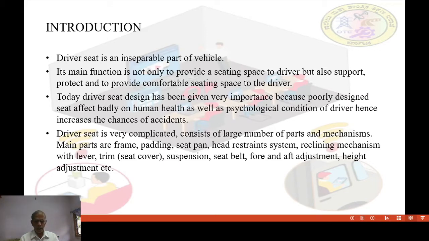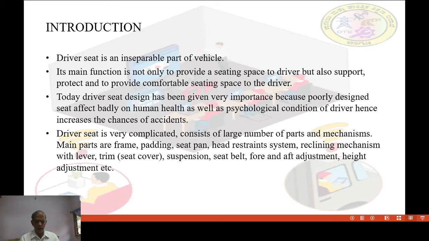Today driver seat design has been given very much importance because a poorly designed seat affects human health as well as the physiological condition of the driver, hence increases the chances of accidents.